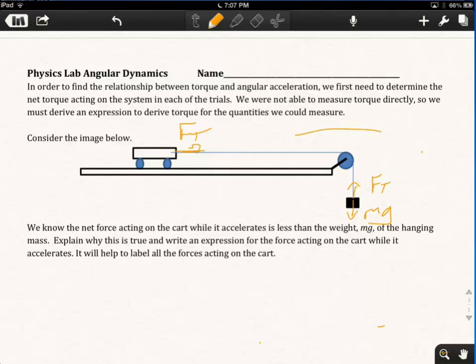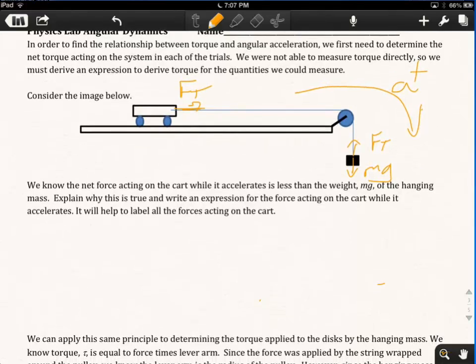Now, if we take this way to be the positive direction, then we can say Ft is equal to what? Well, if we look at just this part of it, we can say the net force over there is equal to mg minus Ft, and according to Newton's second law, that's ma.